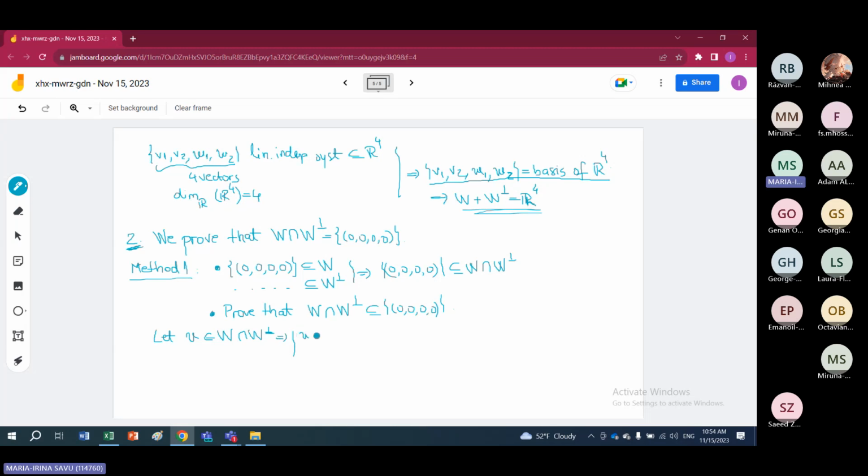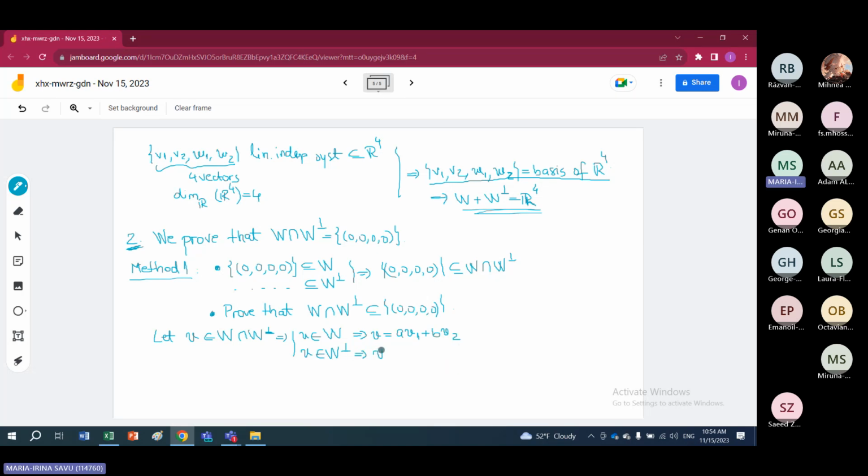So it means that V is in W and V is in W perpendicular, and from here you have that V can be written as a linear combination of the elements from the basis of W, which is V1, V2. So it is equal to A V1 plus B V2.